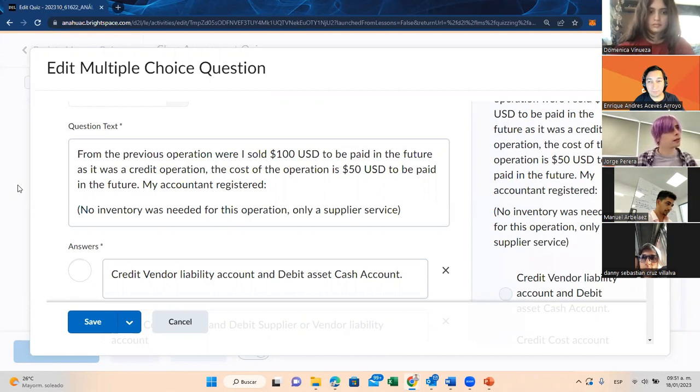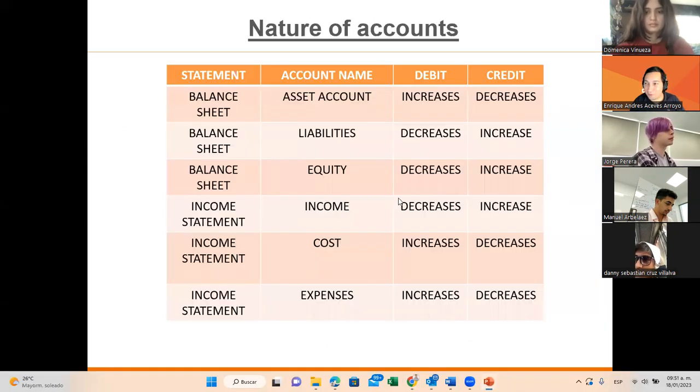liability. Why liability? Because it's money that, well, I'm not sure it's a liability. It is a liability. Why liability? What is the concept of liabilities? Remember, debt. Guys, you have to do the same process.